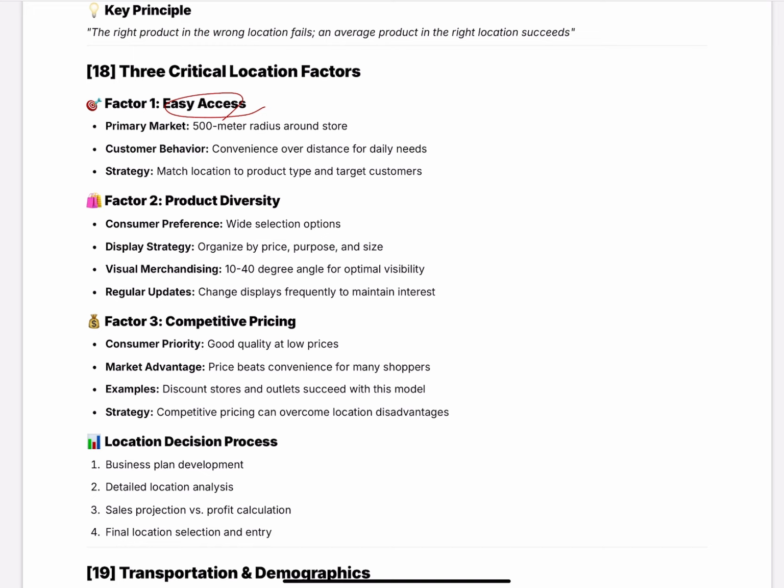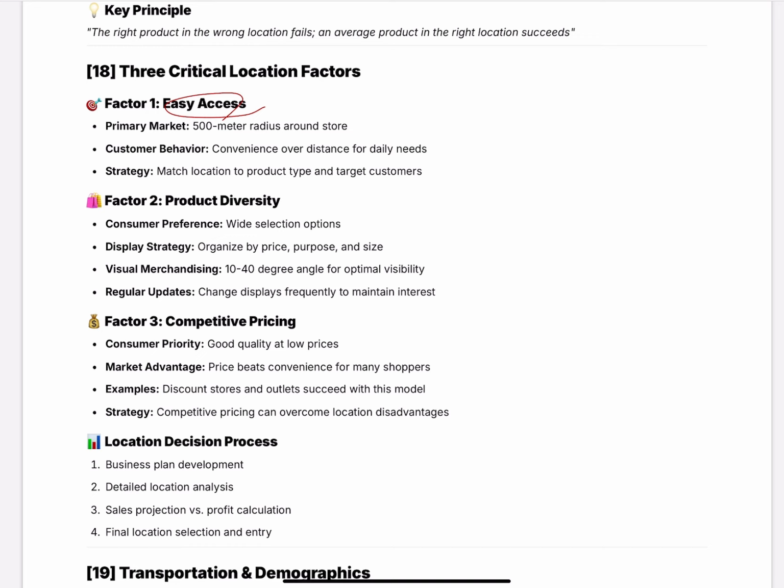Visual merchandising research shows that a 10 to 40 degree angle is optimal for customer visibility when they are standing and browsing. Regular updates to your displays maintain customer interest. People notice when things stay the same too long, and they get excited about new arrangements and products.